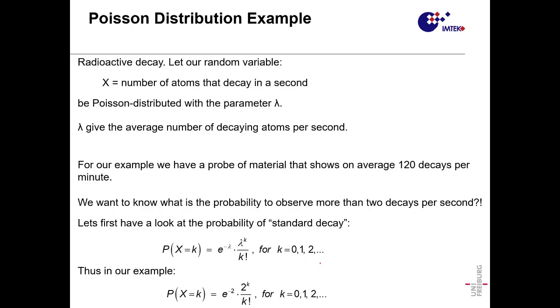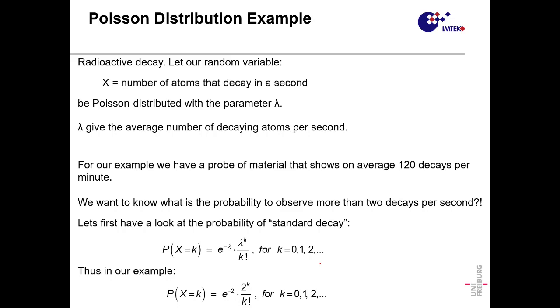Okay. So as an example here, you can talk about radioactive decay. This is a very common problem for a Poisson distribution. You have a radioactive element, and each of the atoms in the element has radioactive activity, and this will decay over time, right?